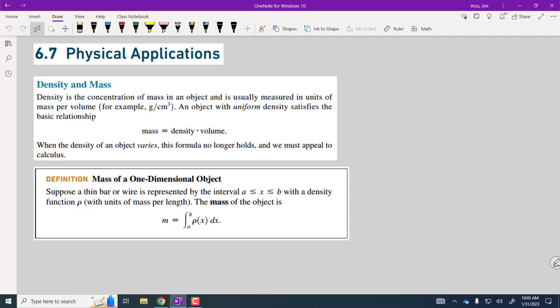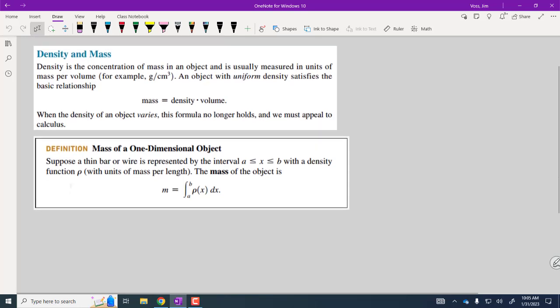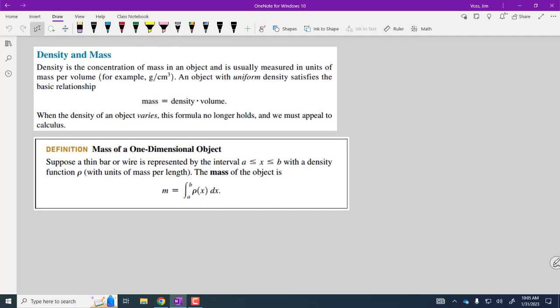And moreover, you can even go all the way down to a wire where you have a one-dimensional density setup, and we would talk about kilograms per meter or something like that. We would talk about mass per unit length instead of mass per unit area or mass per unit volume. So we're going to have three different types. Now in this class, well, first off, if you want to get mass and your density is not uniform, that's where you have to integrate.